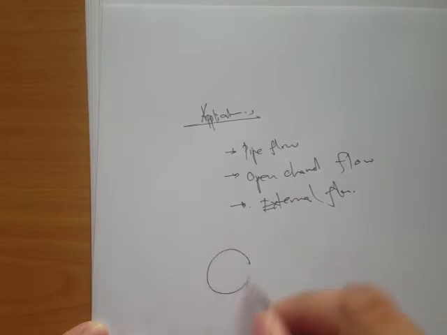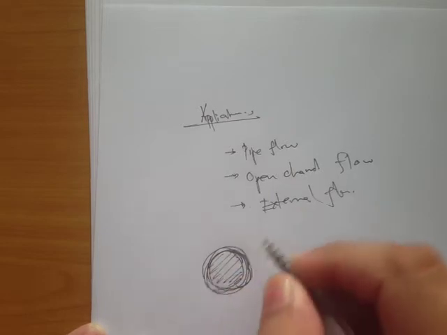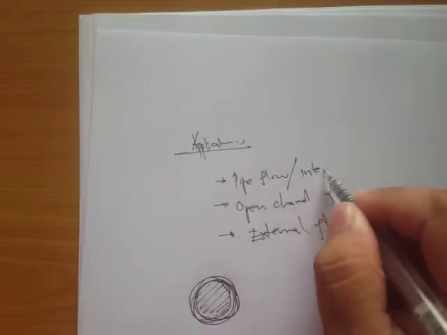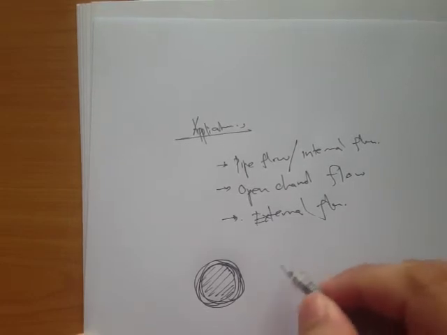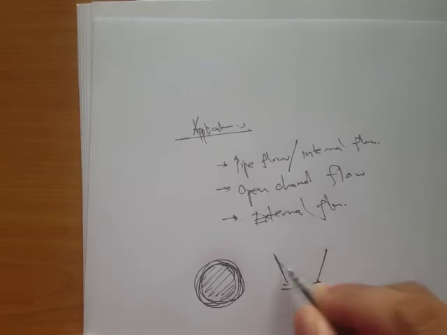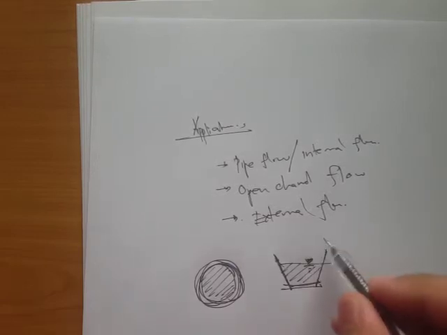What it means by this is that, for example, we have a circular pipe, and there's a fluid inside here. That's going to be pipe flow, or you can say internal flows. Now for open channel flows, you can have, let's say, a canal, and we have a fluid right here. And this fluid is exposed to atmospheric pressure.